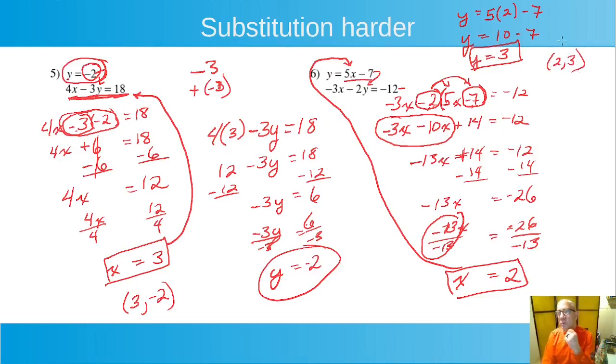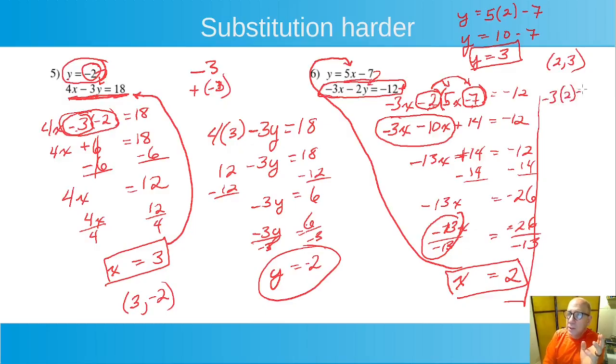It's the point 2, 3. Now, I'm going to check this, and I'm way out of room, but I'm going to do it anyhow. I'm going to check it using the second equation, because I haven't used that yet. So I'm going to take 2, and I'm going to substitute in for x, and then take 3 and substitute in for y. So negative 3 times 2 minus 2 times 3 equals negative 12.